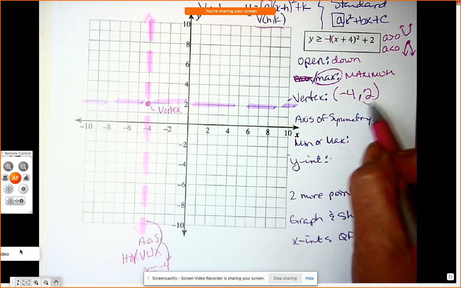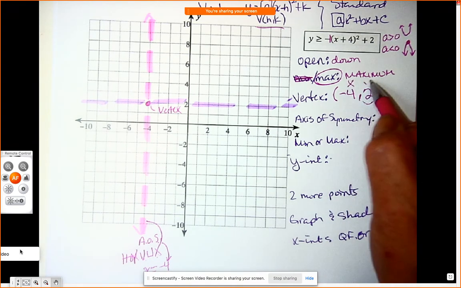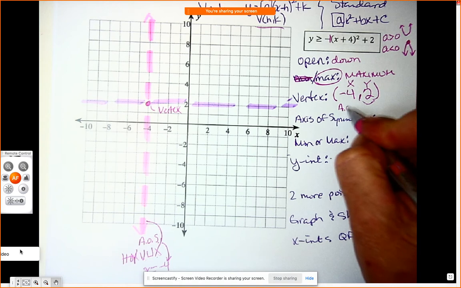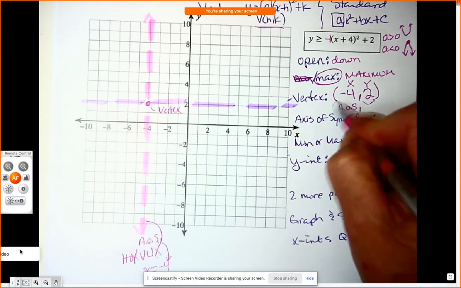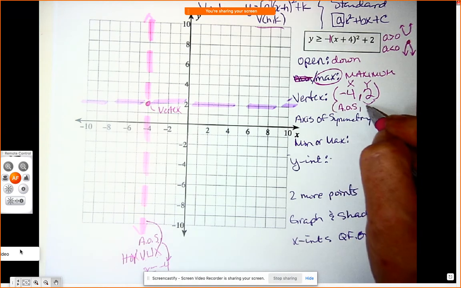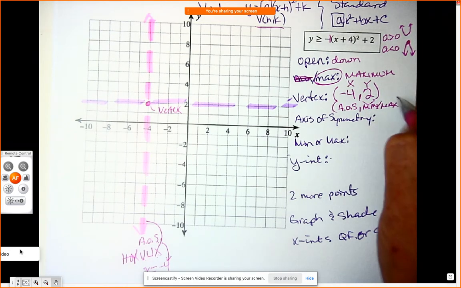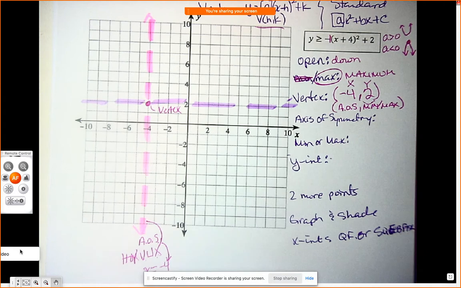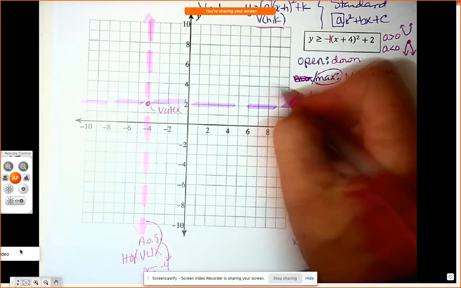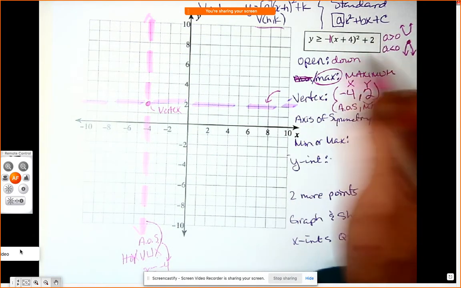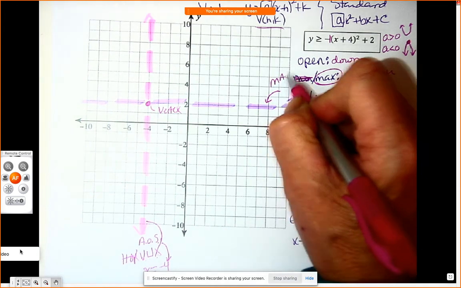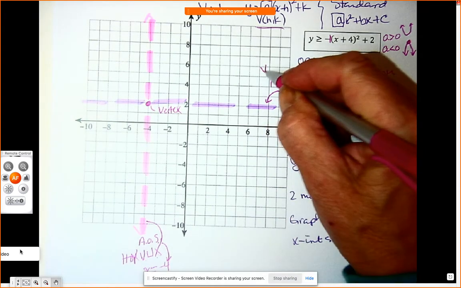This is x, this is y. The thing that's neat, the x is always your axis of symmetry in the vertex. The y is always your minimum or maximum, which you decide from up here. So this line here is going to be considered the maximum, and it's going to be y equals 2.